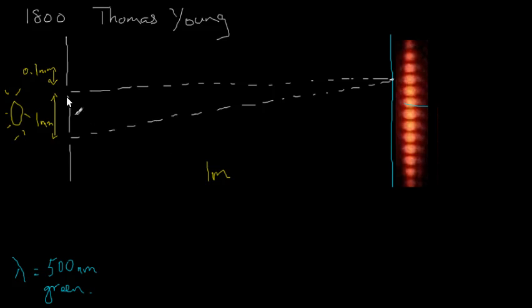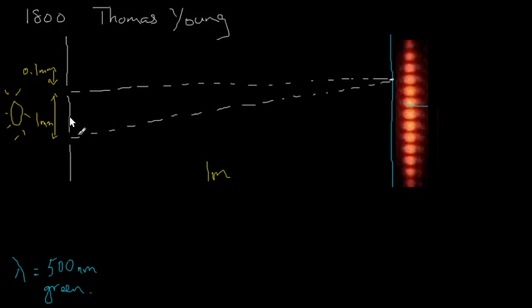So we start with this idea that the path difference, the difference between these two lines, is a whole number of wavelengths. Now, in order to make use of this knowledge, I'm going to say that this distance is much bigger than this.